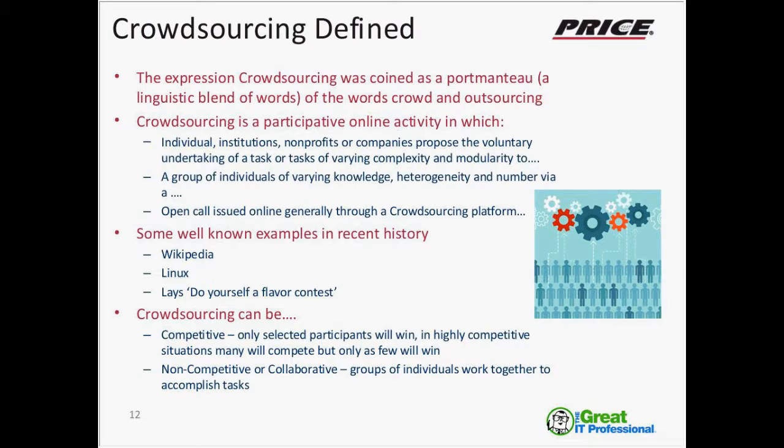Some well-known examples. I already mentioned Wikipedia, which is maintained and policed by a crowd of interested people, a crowd of people who are interested not only in sharing their knowledge, but in creating an environment where the knowledge that's being shared has some credibility, some backbone.